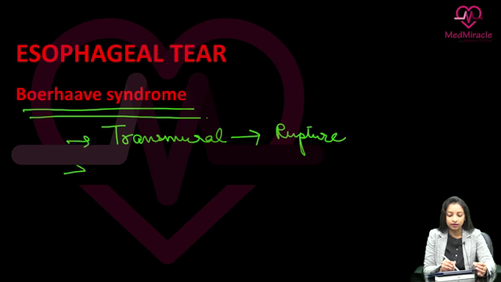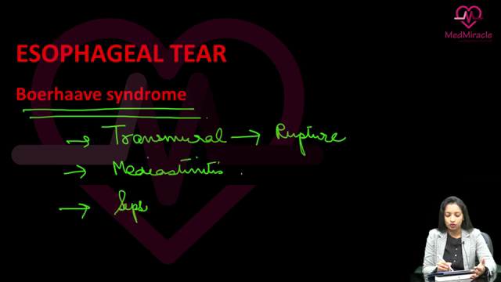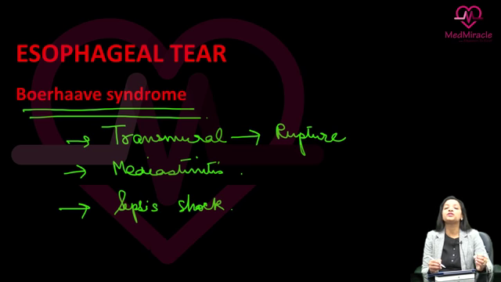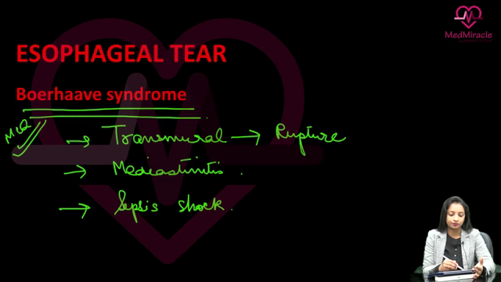As a result, the food and the bleeding can be in the mediastinum, which leads to mediastinitis. And there can be sepsis and shock. So Boerhaave syndrome is transmural rupture of the esophagus and it can lead to mediastinitis and shock. This is again an important MCQ.